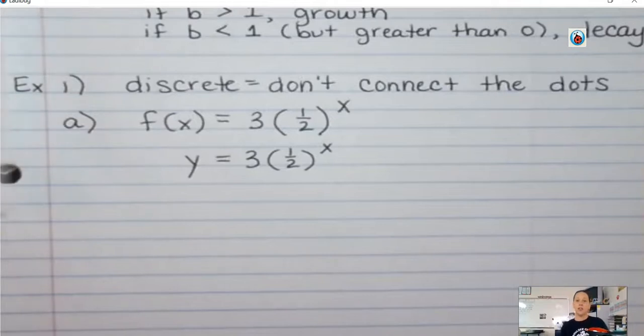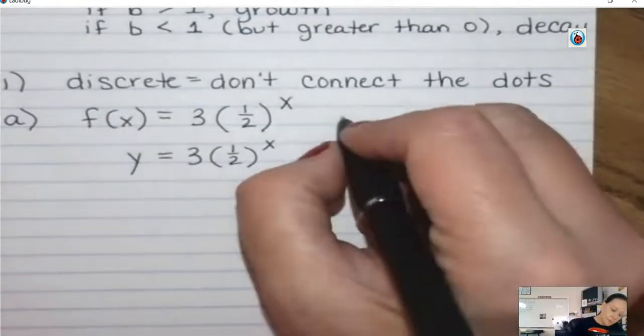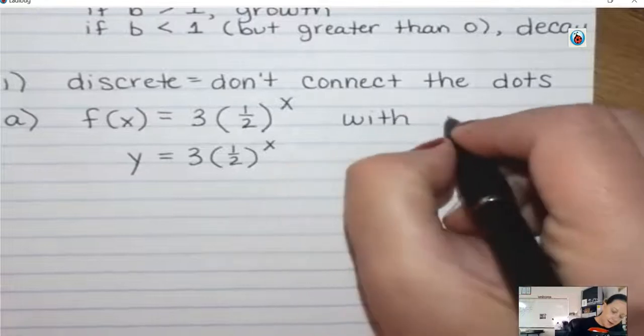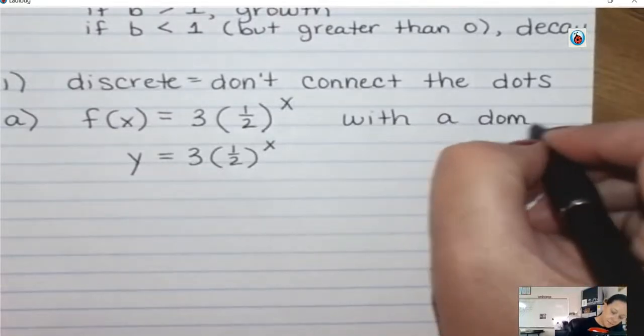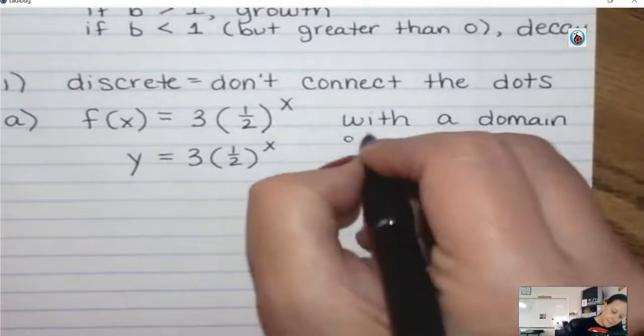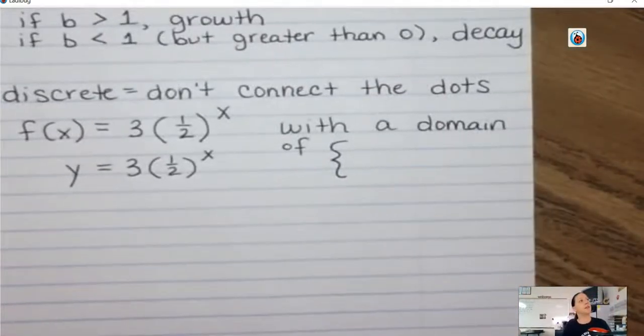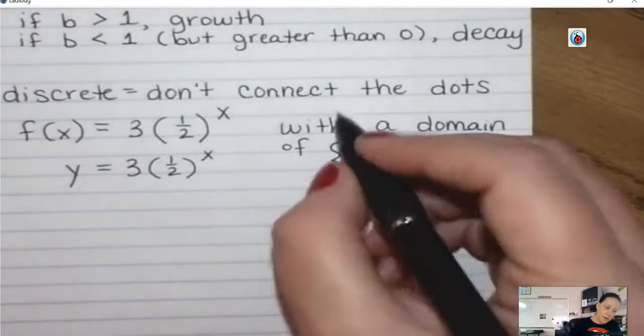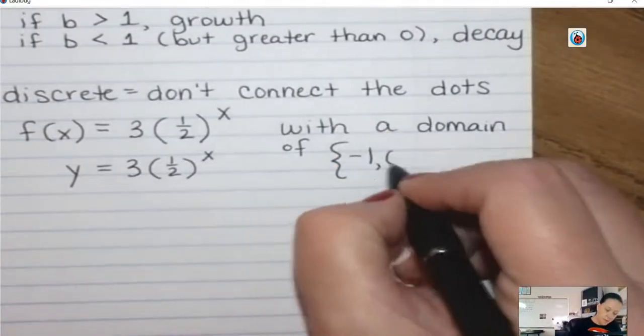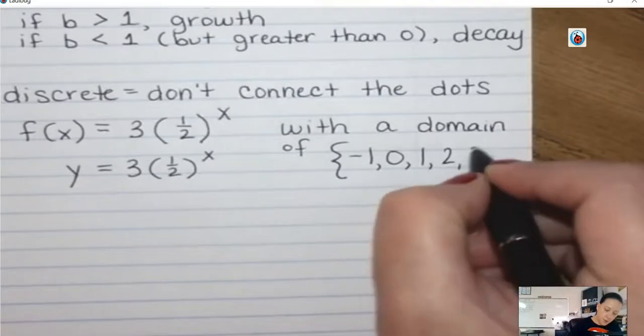Okay, the directions for this question say with a domain of, and then it has that fun little brace looking thing. They only want us to use -1, 0, 1, 2, 3, 4.